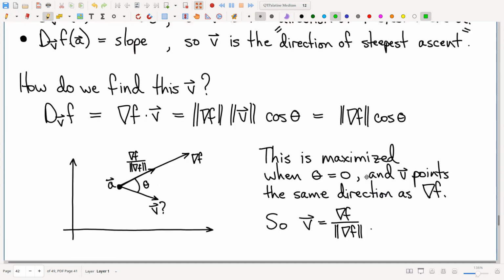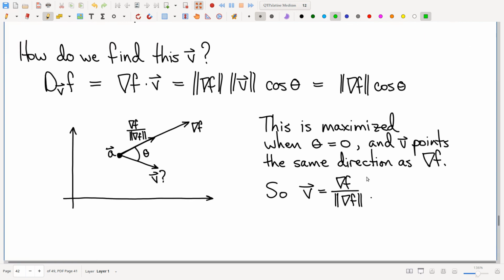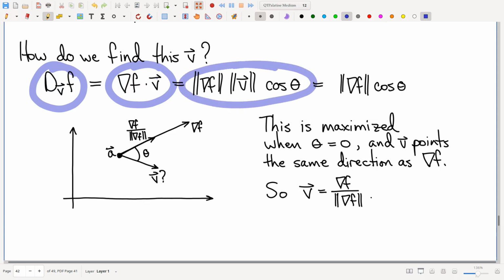Okay, so how do we answer this question? This is pretty straightforward. Again, directional derivative is what we want to maximize. Let me just compute the directional derivative. It's this dot product. Don't forget our vectors are unit vectors, so that magnitude is 1, so let's lose that. I can simplify that too, because keep in mind, I'm at the point A. I haven't moved yet.